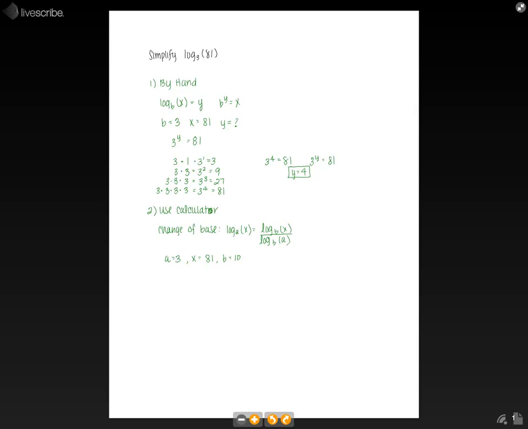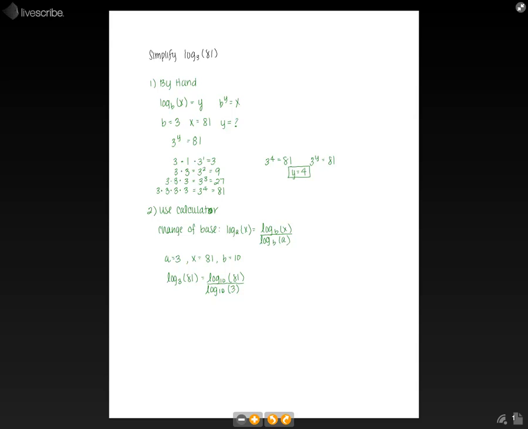Alright, so if we rewrite this, we have log base 3 of 81 is equal to log base 10 of 81 over log base 10 of 3.